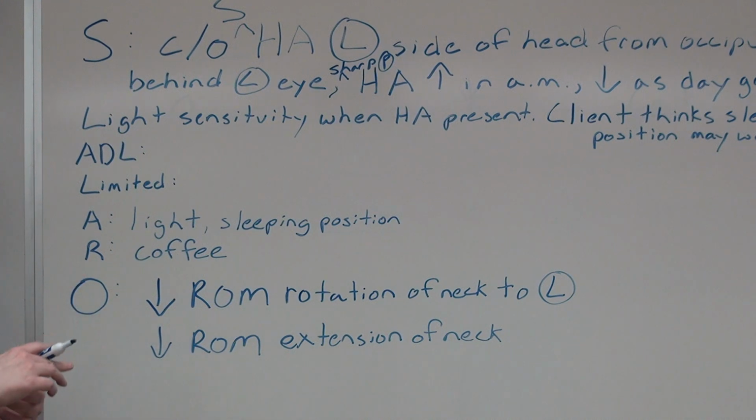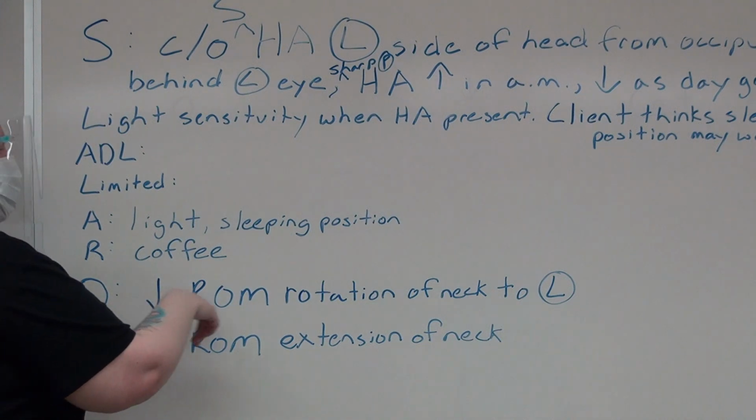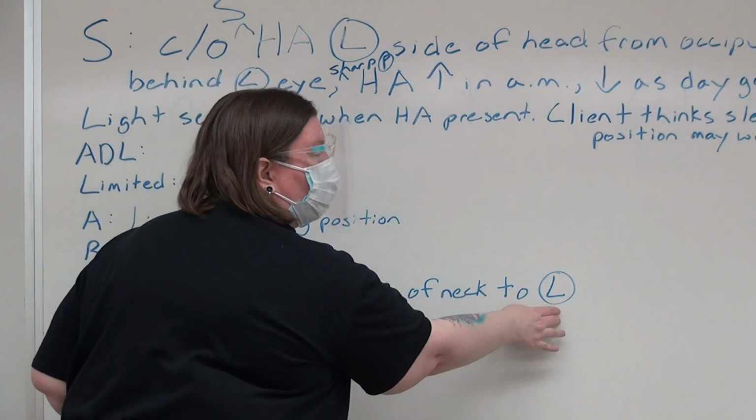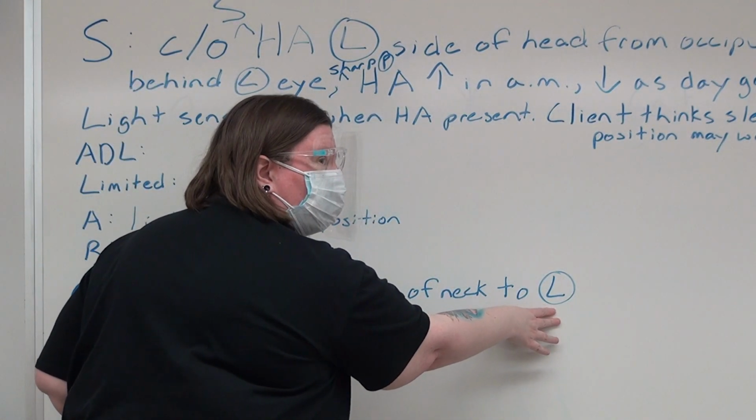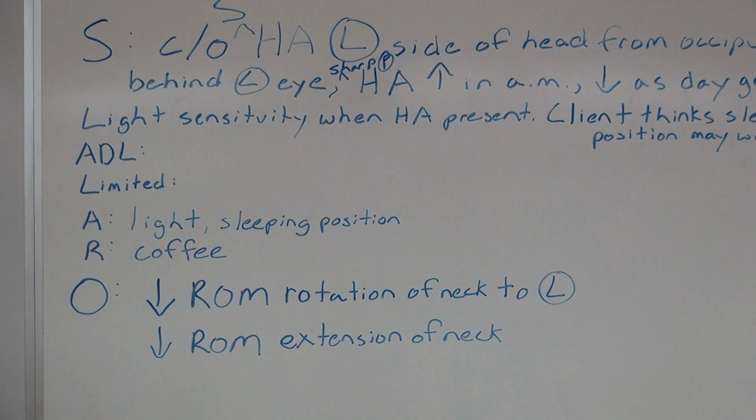Sometimes I'll list them out, sometimes I'll write them individually. It kind of depends for me on the SOAP chart. When I'm writing it on the computer, I'll usually write it as one sentence because we don't have the regular notation in our system at my work, so I'll just type it out in one sentence.